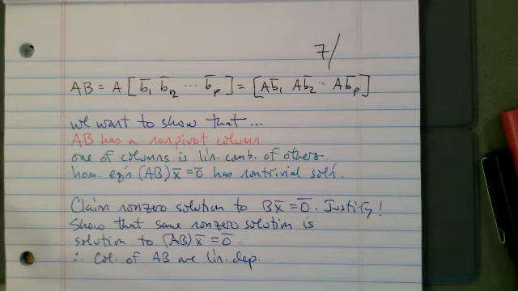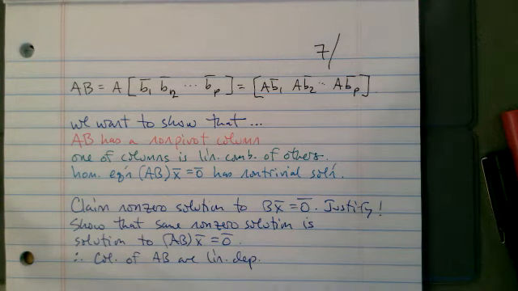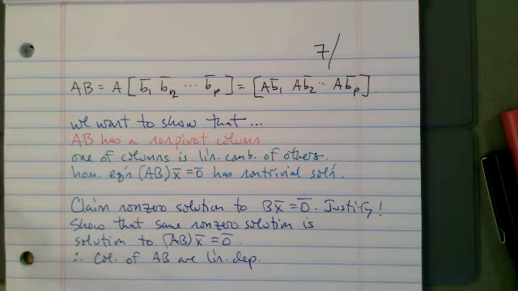So the tricky part of this problem is not knowing what it means for a set of vectors to be linearly dependent. It's knowing everything that means. It's not about knowing what linear dependence means in one definition, but all the definitions, and then deciding which one is going to be most useful.